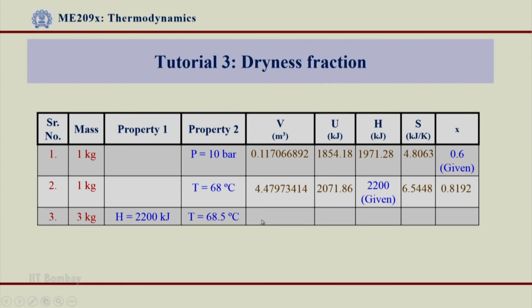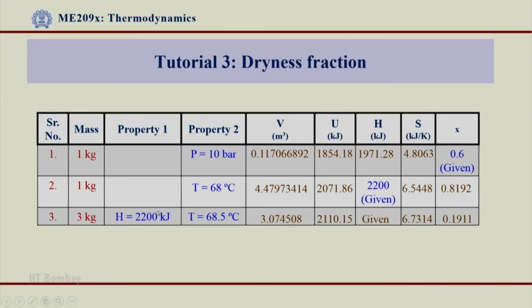Coming back to the table, for the third problem, for H equal to 2200 kilojoule for 3 kg, T equal to 68.5 degrees centigrade, the properties which we calculated are V equal to 3.07 meter cube, U equal to 2110 kilojoule, H was given to us as 2200, and S equal to 6.73, and X we had calculated as 0.19, telling us that this was in a two phase region.